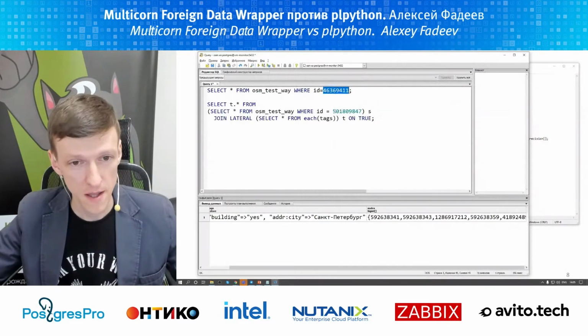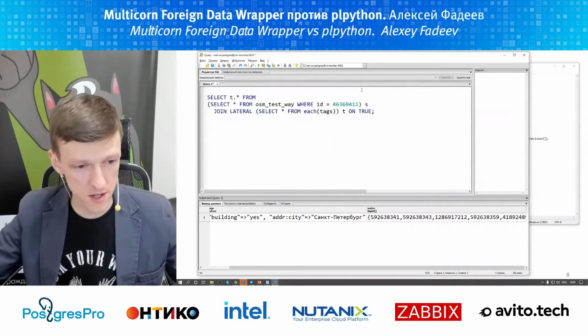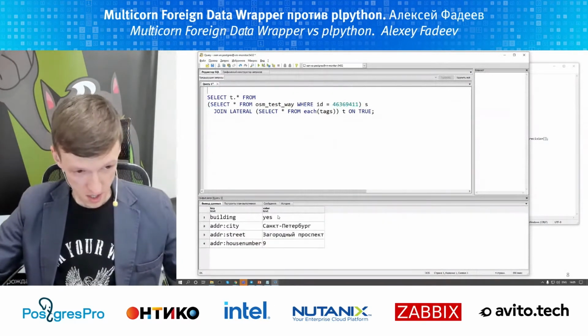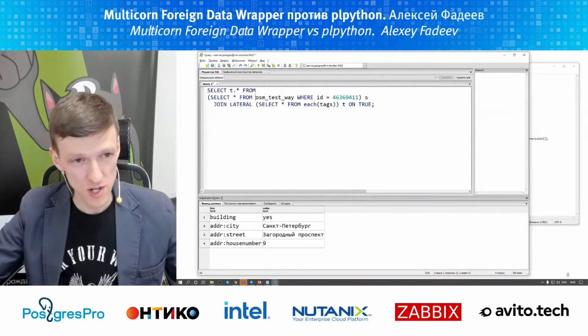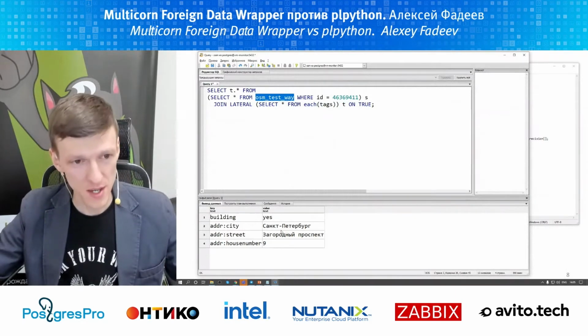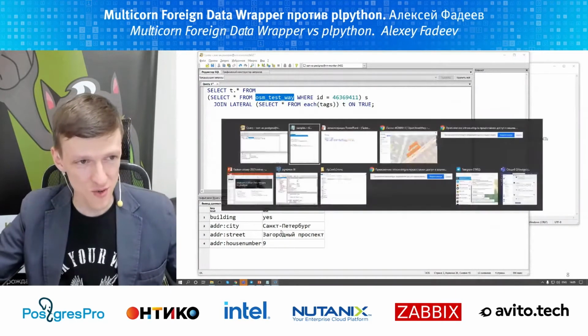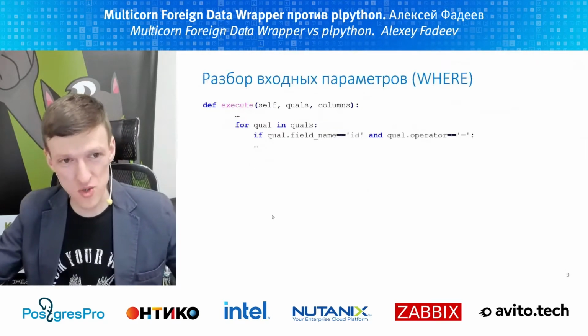Let's do it for the same object. Take our identifier and get hold of tags in the form of a table. The same through our external table of OSM test way, which interacts with the external API. Things look good so far.